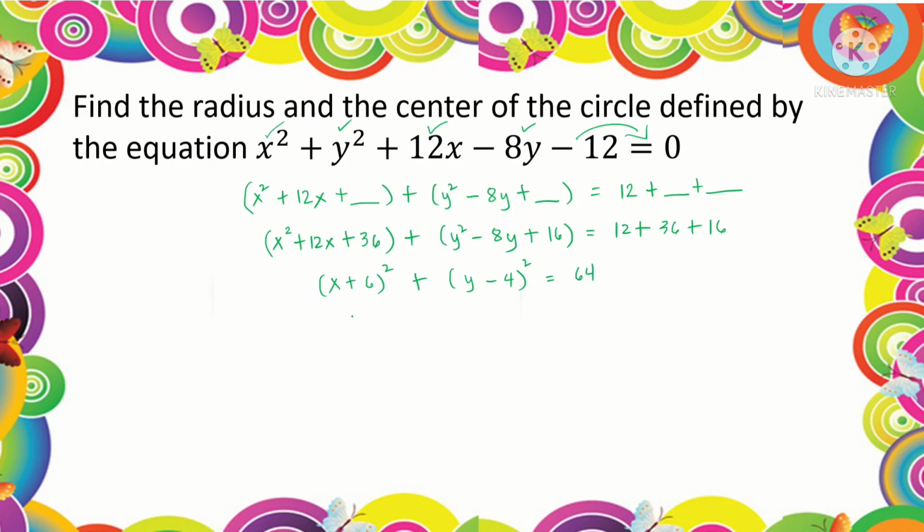Therefore, our center is negative 6 from here, and the value of k is positive 4, while our radius: r squared is 64, therefore r is equal to 8.